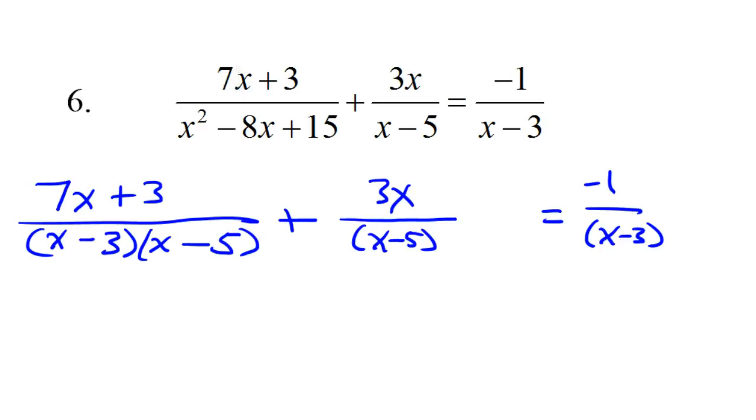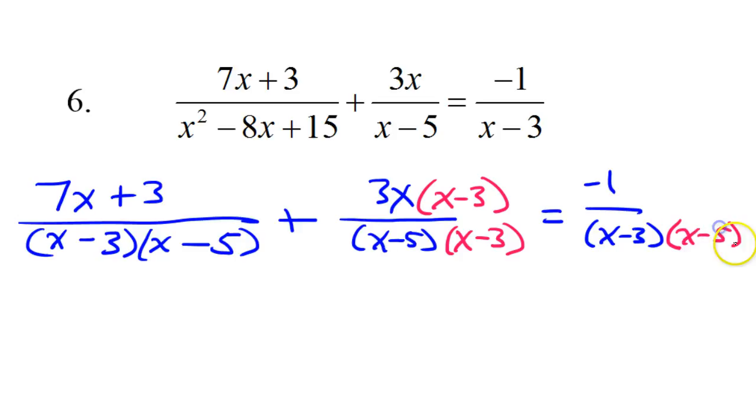Now, using the like denominator method, I see that these have x minus 5 in common, but this denominator has x minus 3, so I'm going to give this denominator x minus 3. You have to do the same thing to the numerator, though. Now, everybody has x minus 3, but this denominator is lacking x minus 5.